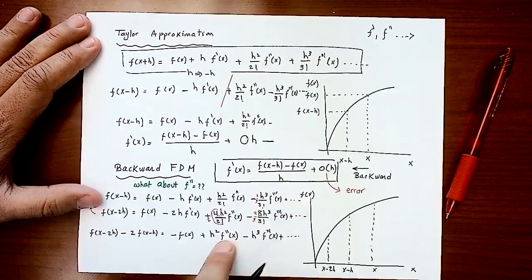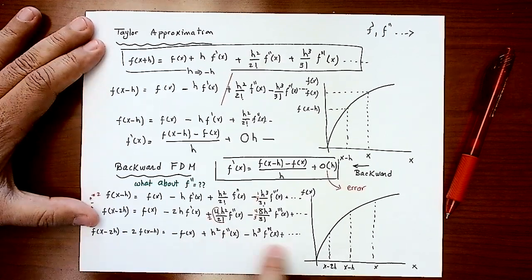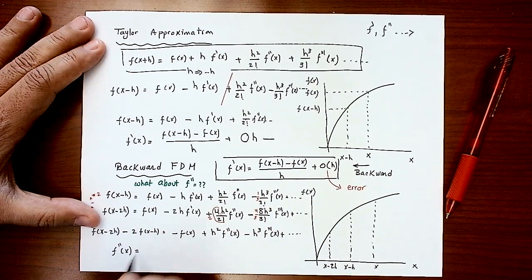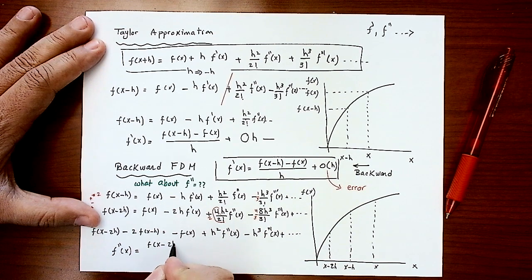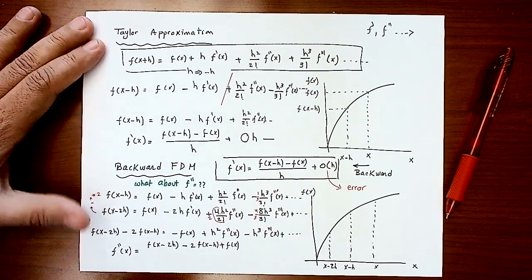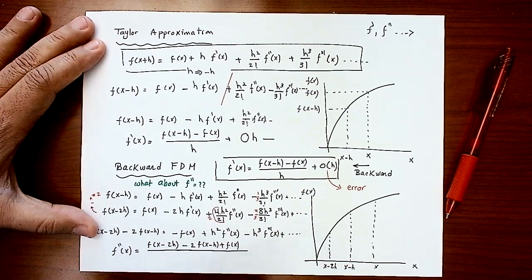Now, I would like to isolate f double prime, so I have to divide all terms by h squared. I have f double prime of x equal to, this will remain on this side, everything will go to the other side. So I will have f of x minus 2h minus 2 f of x minus h plus f of x divided by h squared.